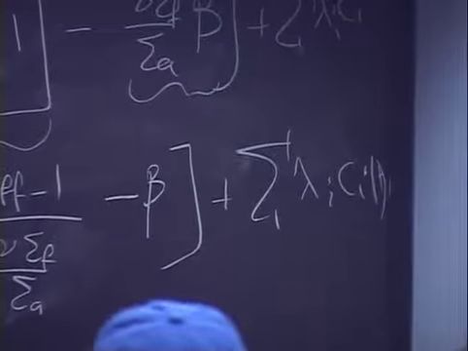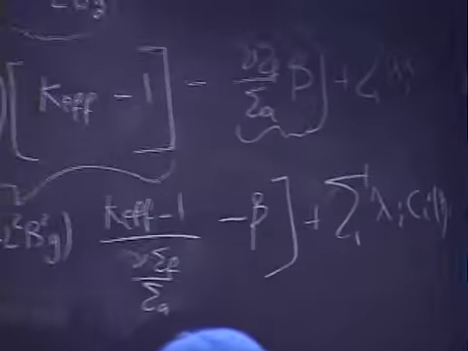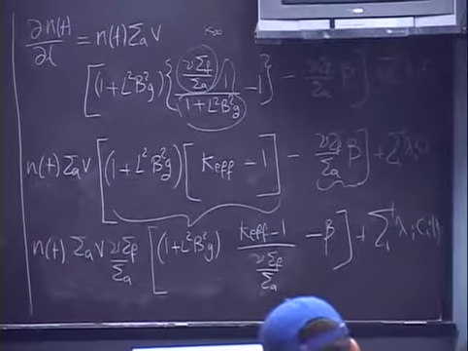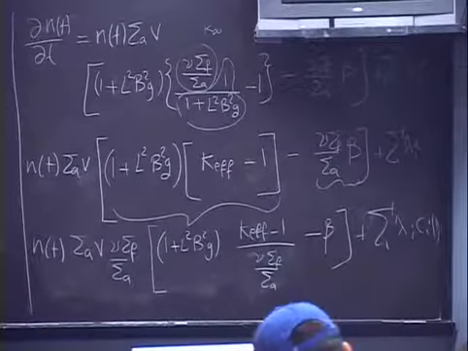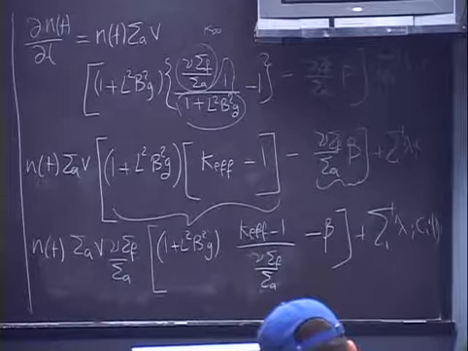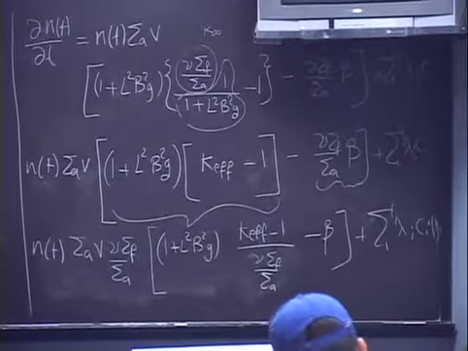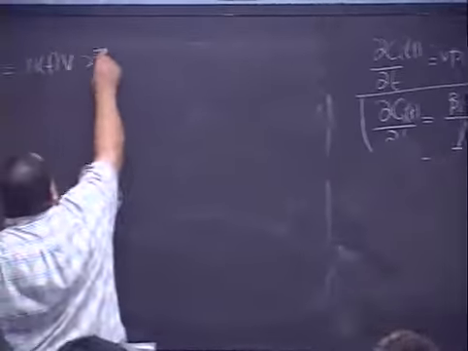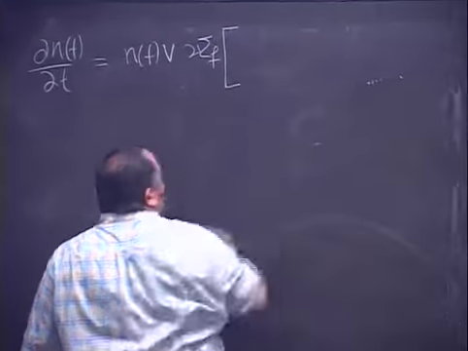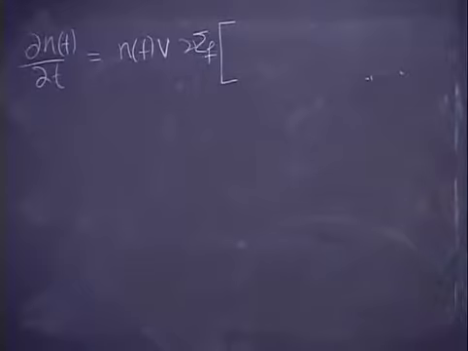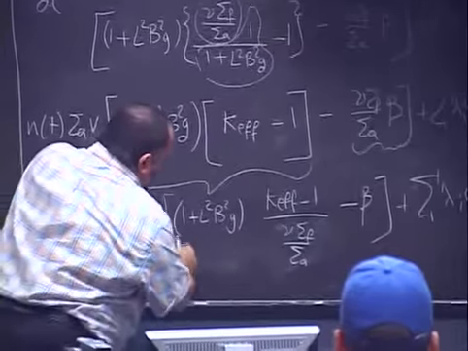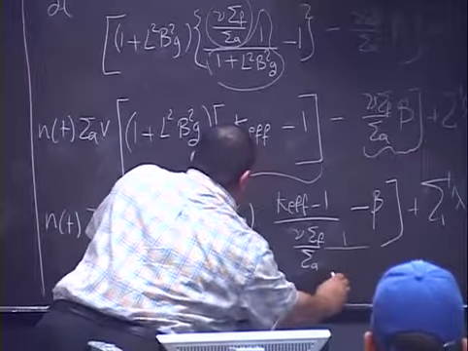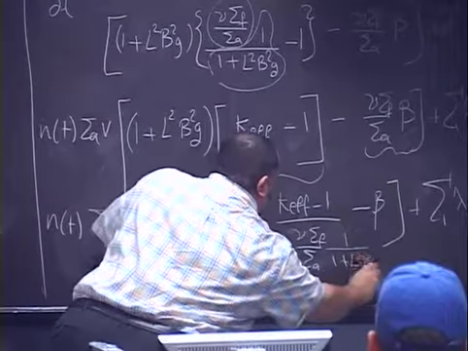So when sigma A cancels, dn of t by dt equals N of t multiplied by V, and I will have nu sigma fission multiplied by this guy here, which I can write as 1 over 1 plus L square B square.